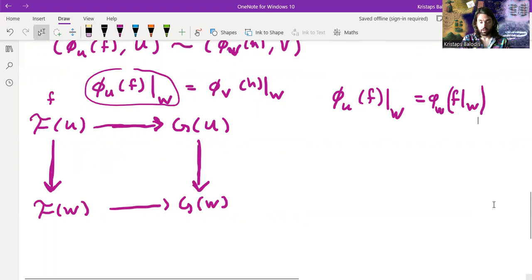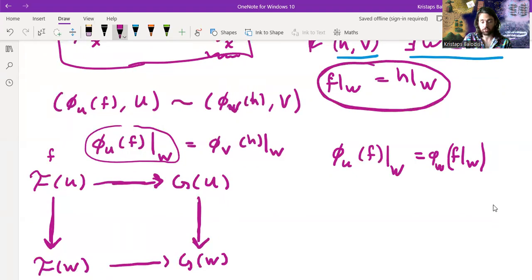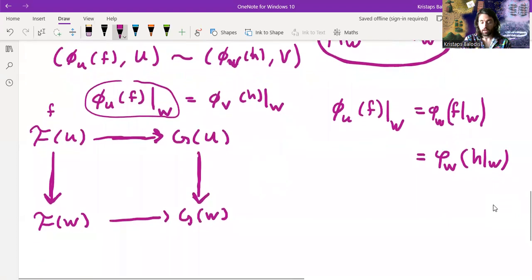But F at W, remember, I'm assuming that F and H represent the same equivalence class. So I'm assuming that F restricted to W is the same as H restricted to W. So this becomes phi W of, well, this is the same thing as H restricted to W. I can just replace F restricted to W with H restricted to W. And then one more time, I can go through this level of sheaf morphisms.